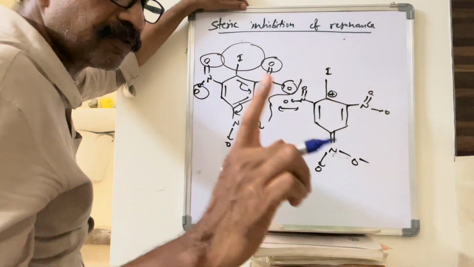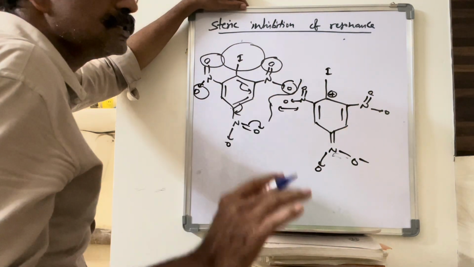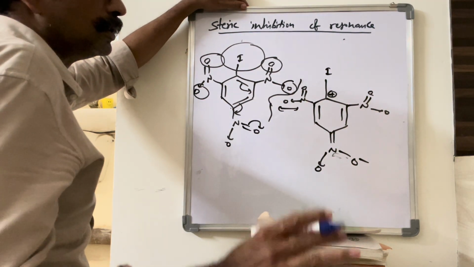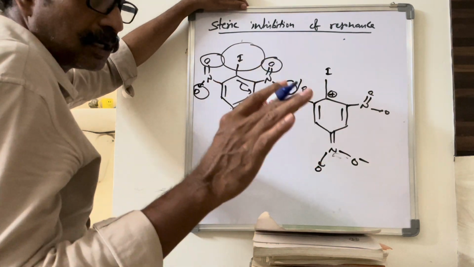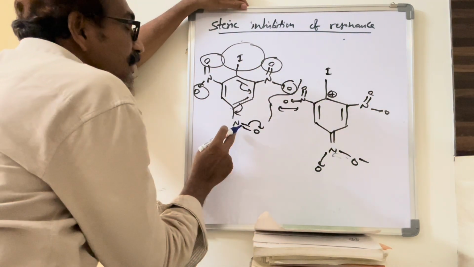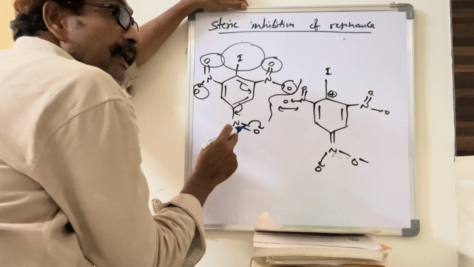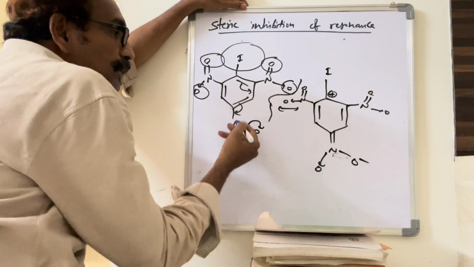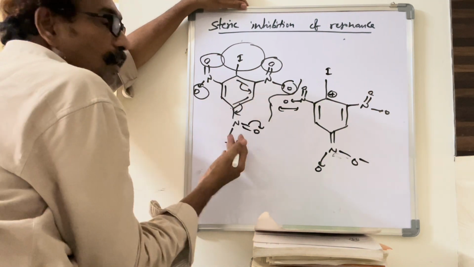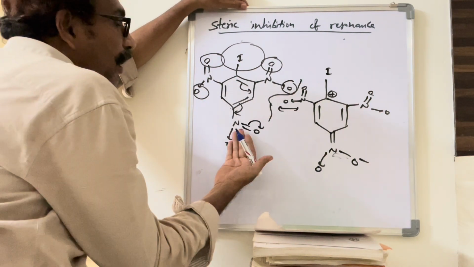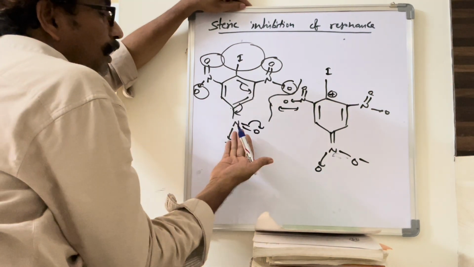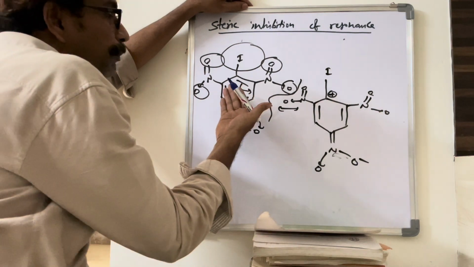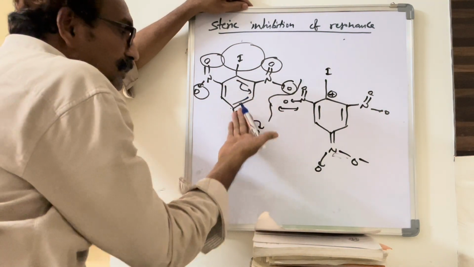An essential requirement for resonance is that all the atoms covered by delocalized electrons must lie in a plane or nearly so. Here, between para-NO2 and the benzene ring, no steric repulsions operate. As a result, para-NO2 is coplanar with the benzene ring, meaning resonance is operated.